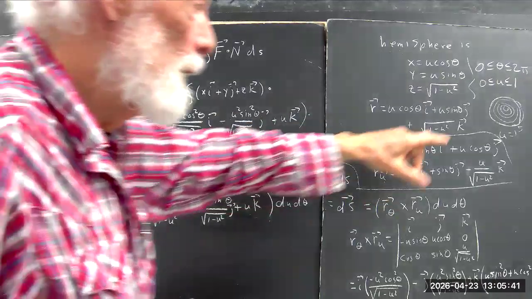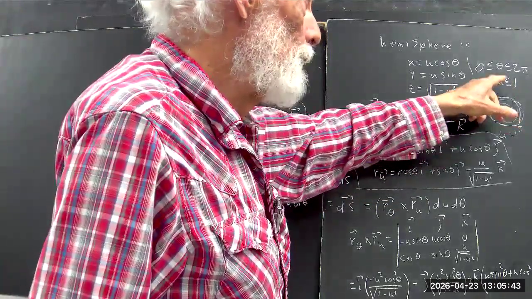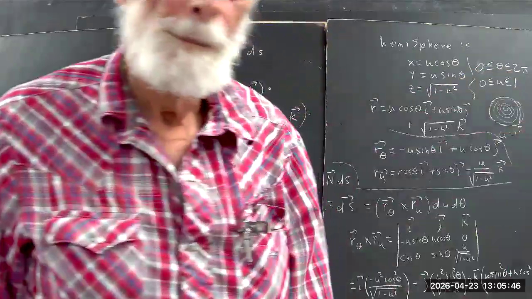Now, u goes from 0 to 1, theta goes from 0 to 2 pi.